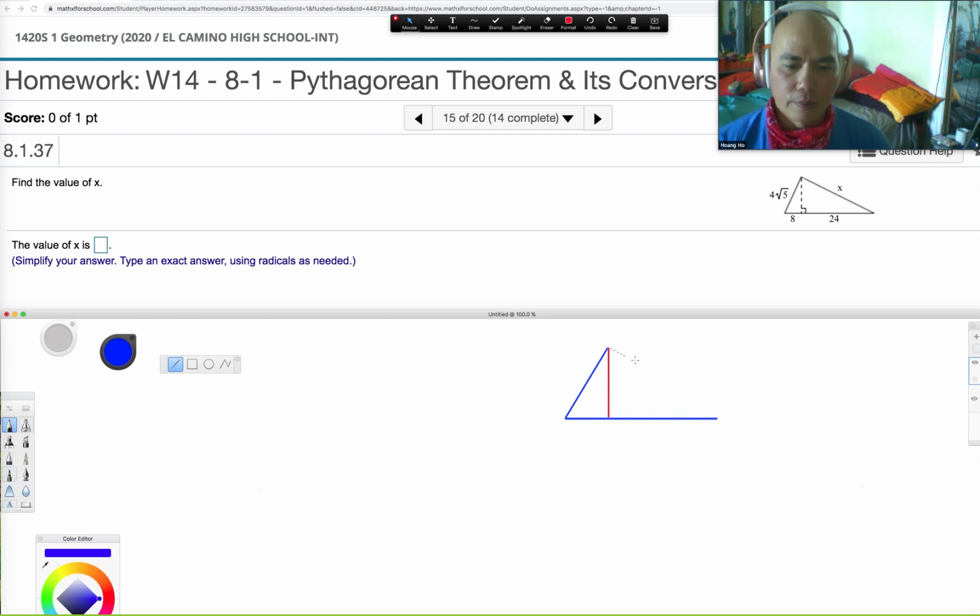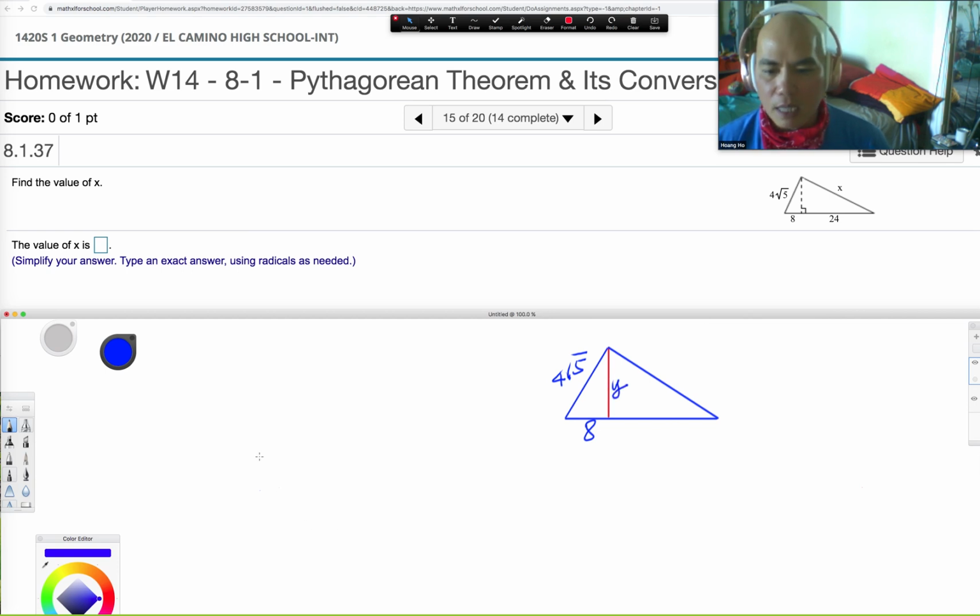Here we go. So this is 4 square root of 5, and then this is 8. So let's find the value of y first, this height over here.